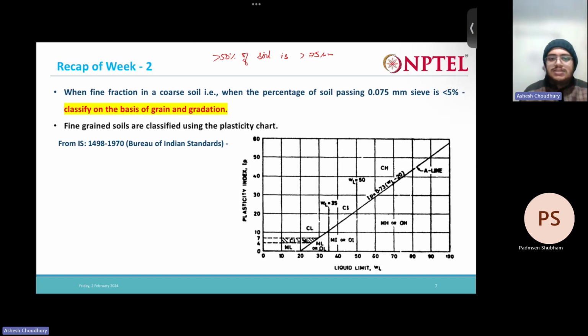This means the total soil can be identified as a coarse soil.